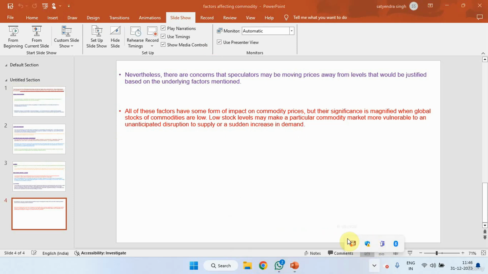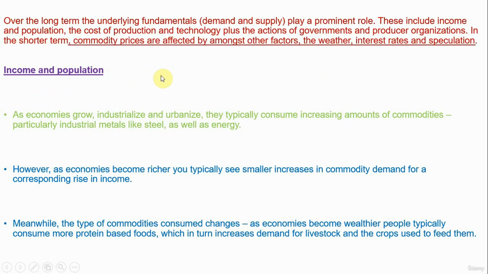So now we will be looking at the first factor, and this is income and population. We know that as the economy grows, industrialization and urbanization happen. These things typically increase the consumption of commodities, such as metals like steel, and energy consumption also increases.